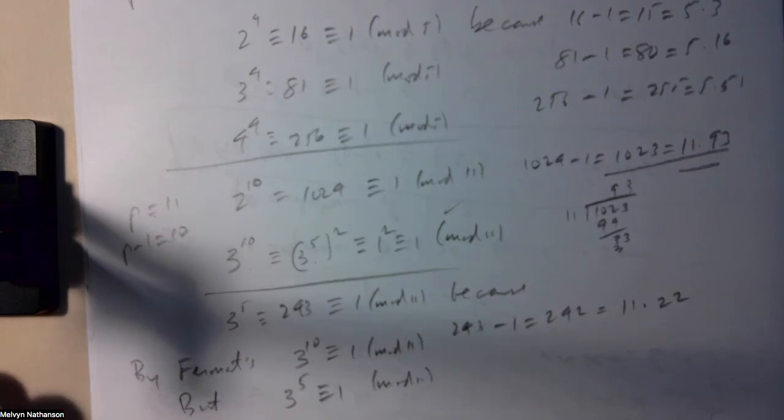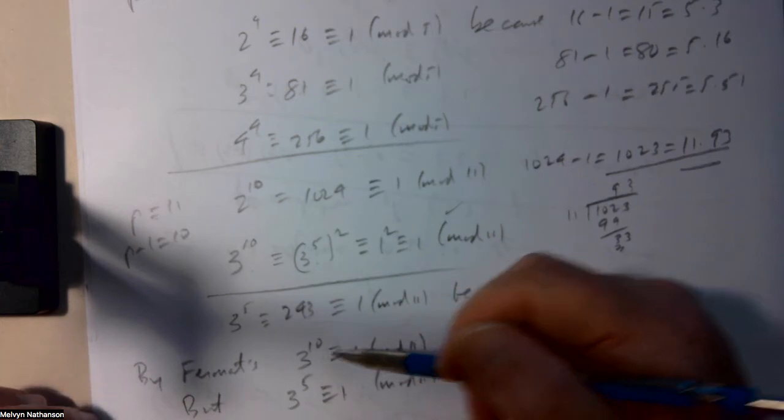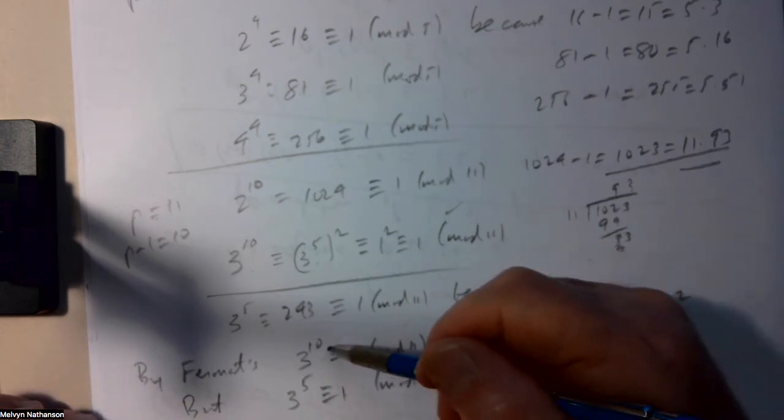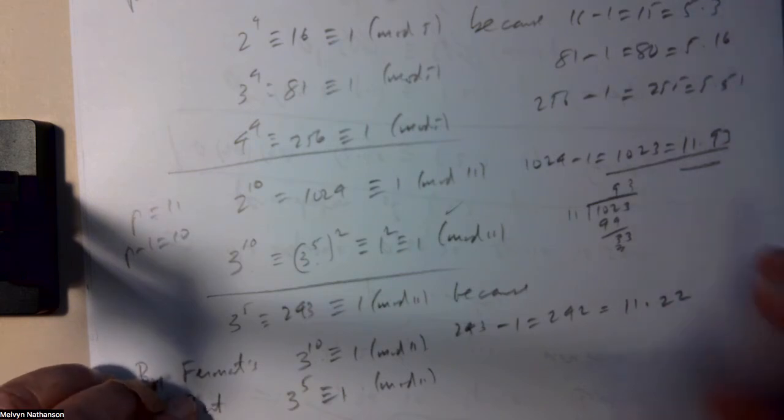So this is not a contradiction. This is just an observation. 3 to the 10th is 1 mod 11, but 10 is not the smallest power of 3 with that property.